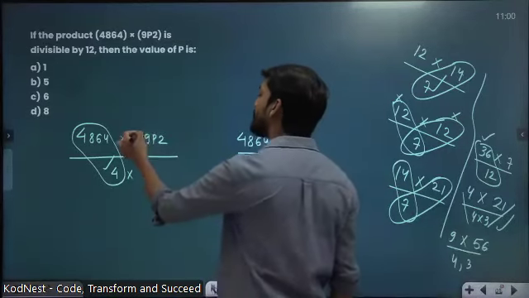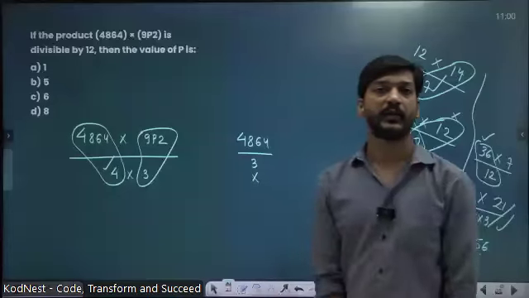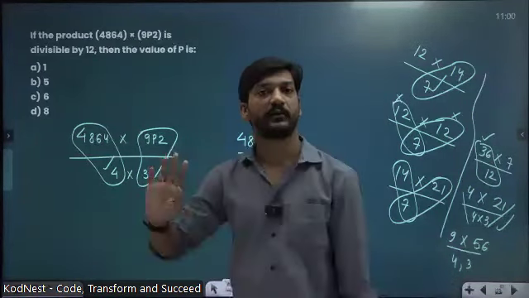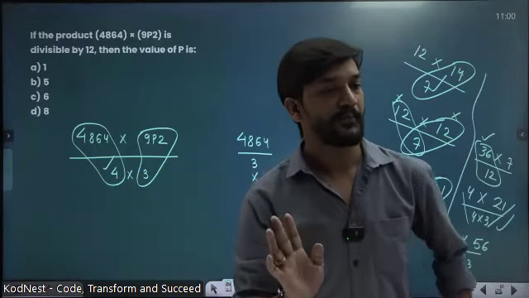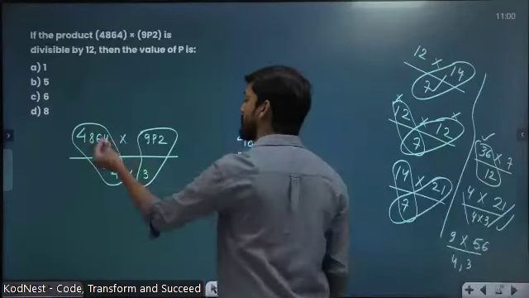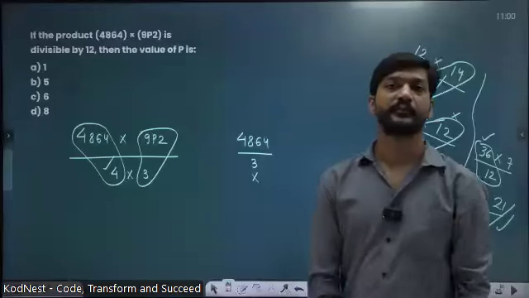So can I say if this part is divisible by 3, our job is done? One number divisible by 4, one number divisible by 3, so the complete number is divisible by 12. Yes? Okay, so this is what we have to do. One number is divisible by 4, the other number should be divisible by 3.